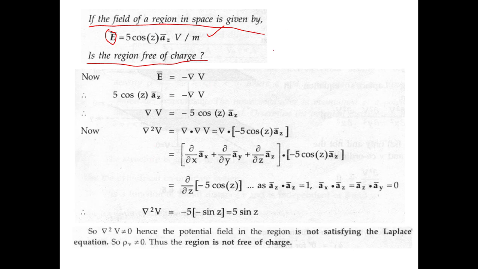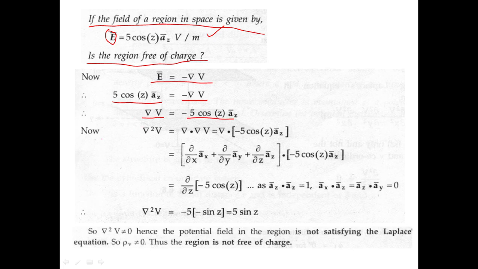The E vector is minus gradient of V. E vector is known, so gradient of V will be minus E, going to the other side. We get this equation.